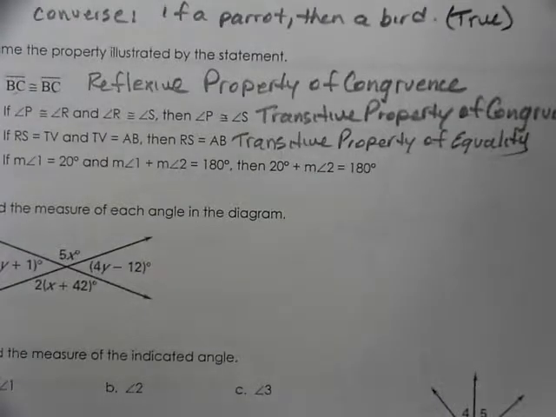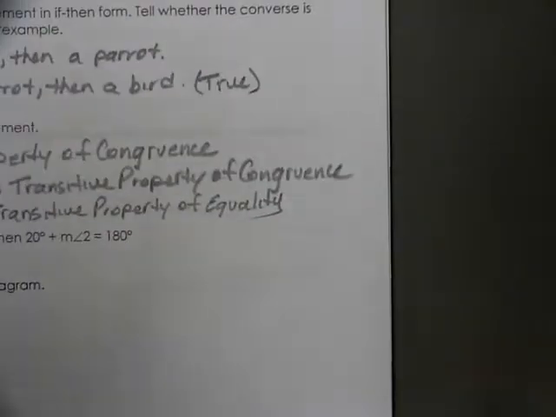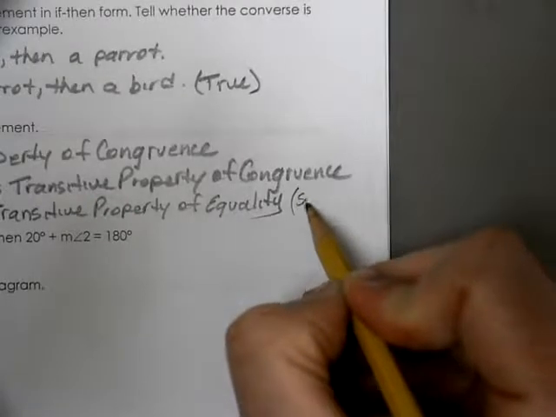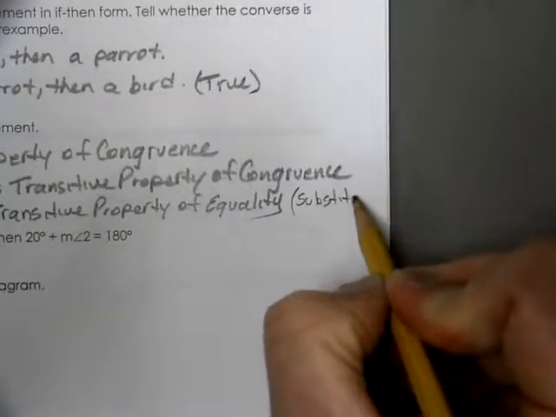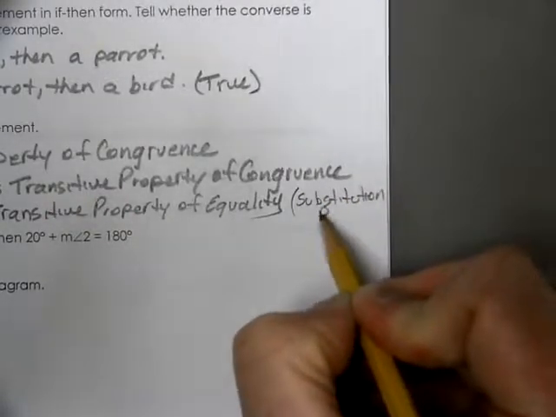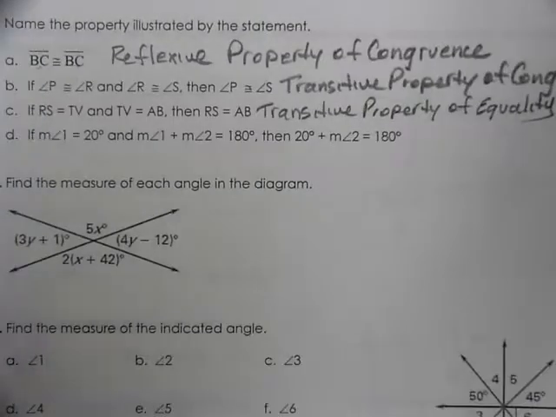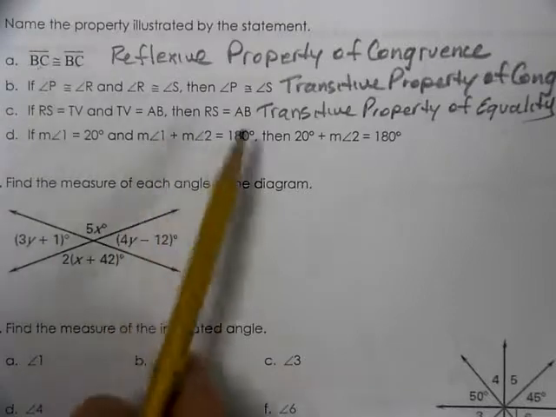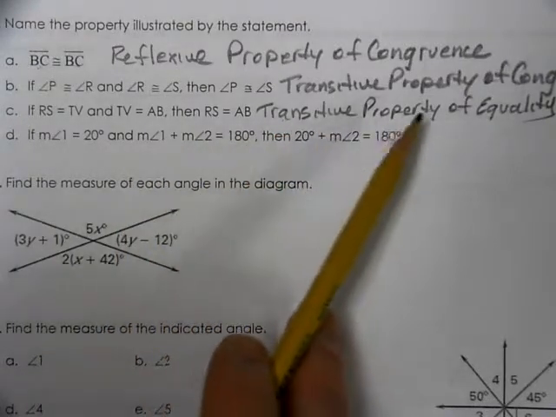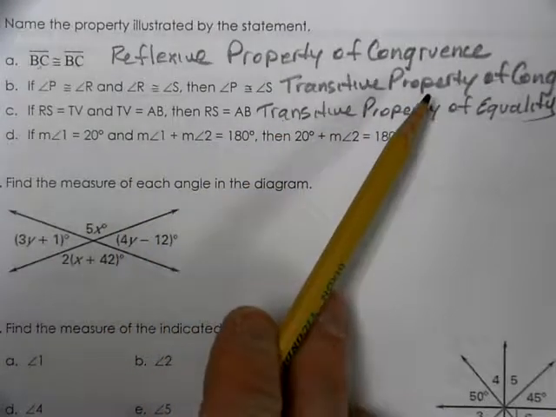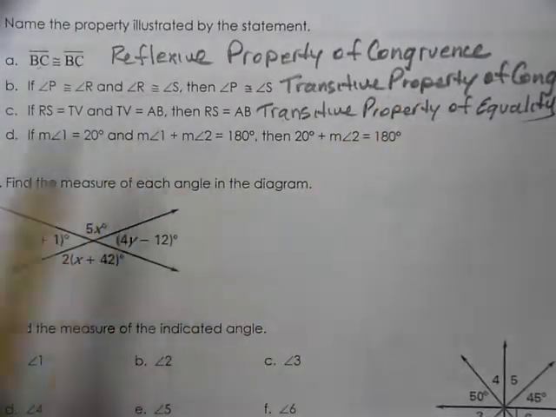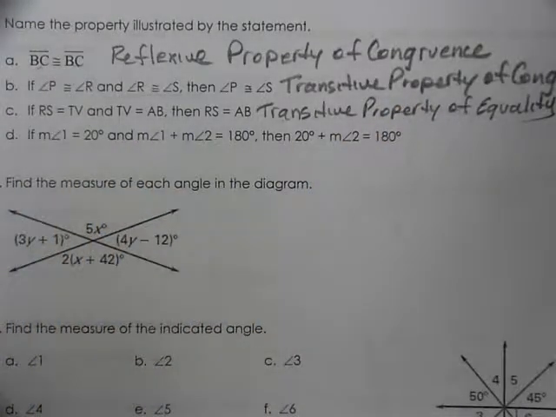But substitution would also work. Both of those options would not be multiple choice, but they might have transitive property of congruence and substitution property of equality, then you would have to pick substitution.